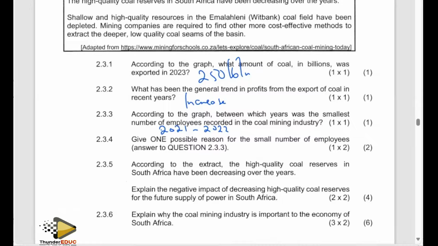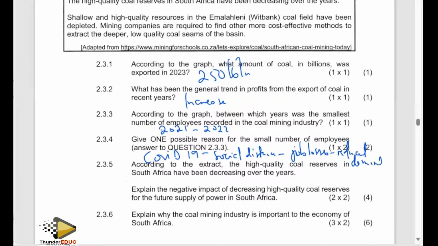Give one possible reason for the small number of employees. Definitely, we know what was happening during that time. There was COVID-19, which led to a decline in the workforce because of restrictions like social distancing, and also because of job losses, people were retrenched, and also because of reduced demand.